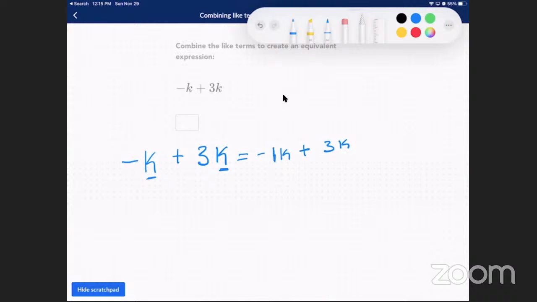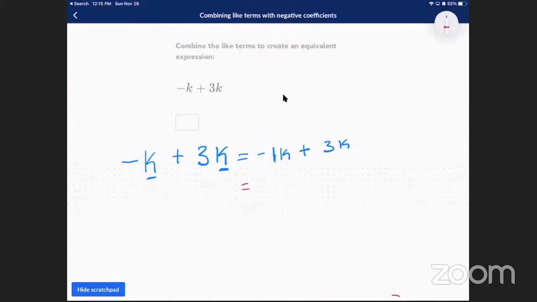So right now we have negative 1 plus 3. That's kind of where we look. Don't even pay attention to the k just yet. We're just going to look at this. So now we can just say we want to buy something for $1 and we have $3 in our bank account.